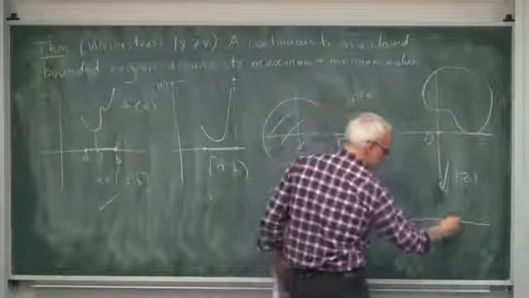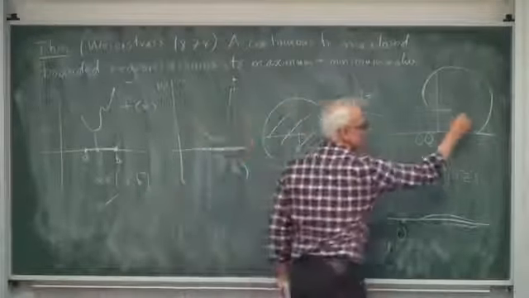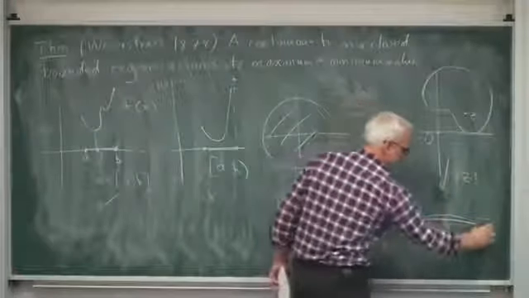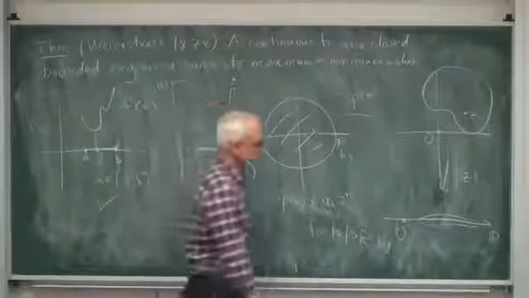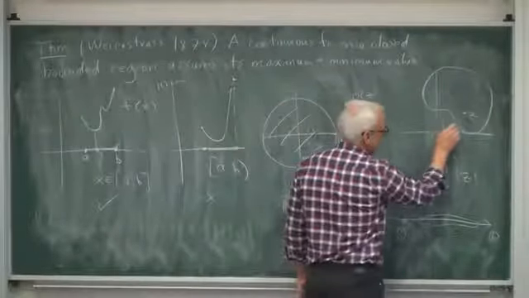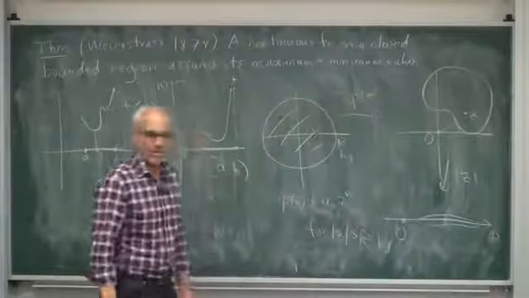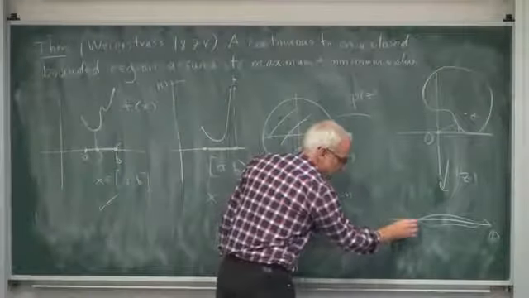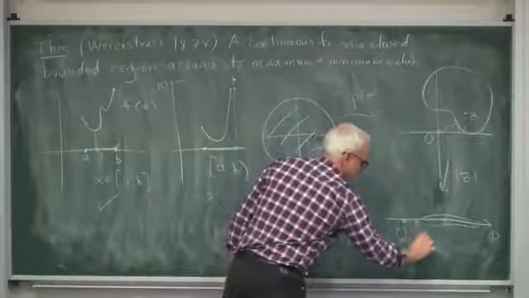We get some region, just taking the absolute values of all these points here. The absolute value is some point on the real line, some positive number. And there will be some minimum place. So that function will have a minimum value. There's the minimum value.